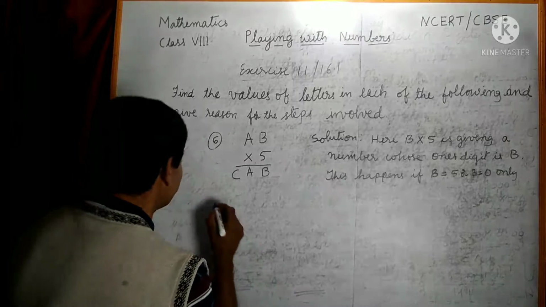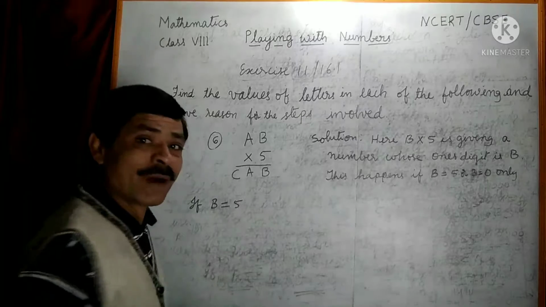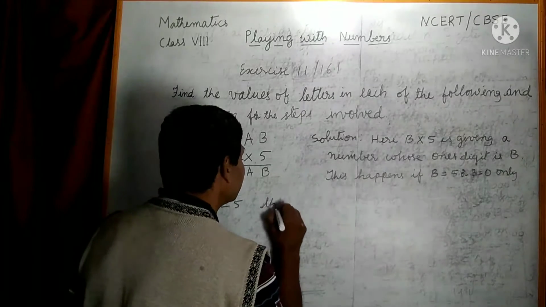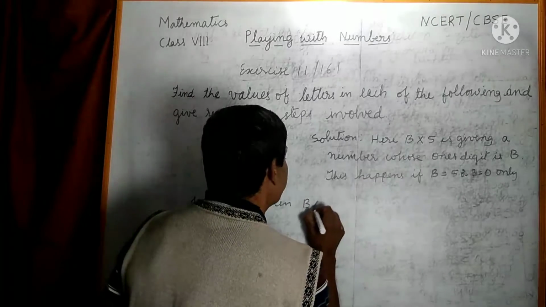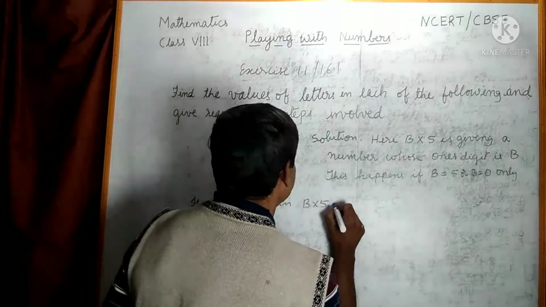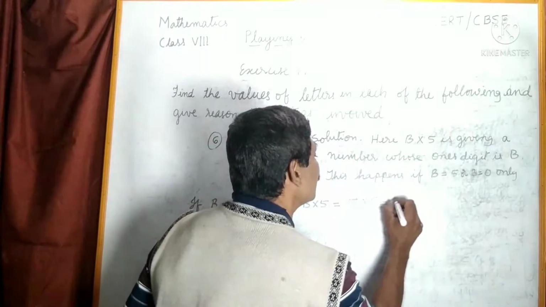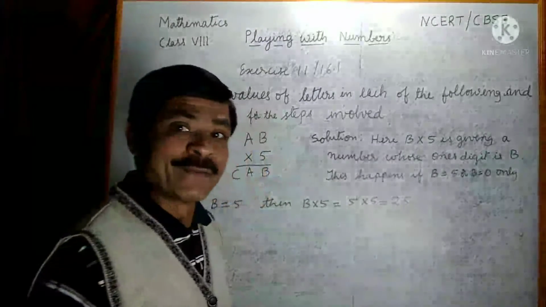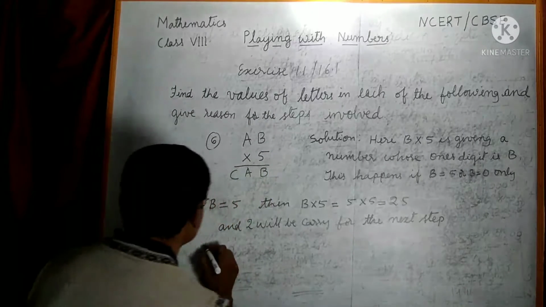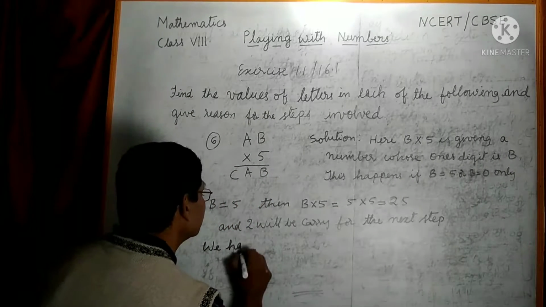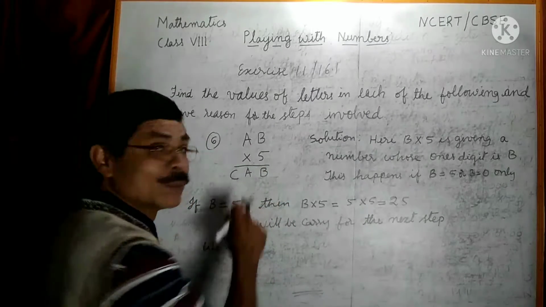Now let us take if B is equal to 5, then product B into 5 is equal to 5 into 5 is equal to 25. And 2 will be carried for the next step. We have 5 into A is equal to CA.